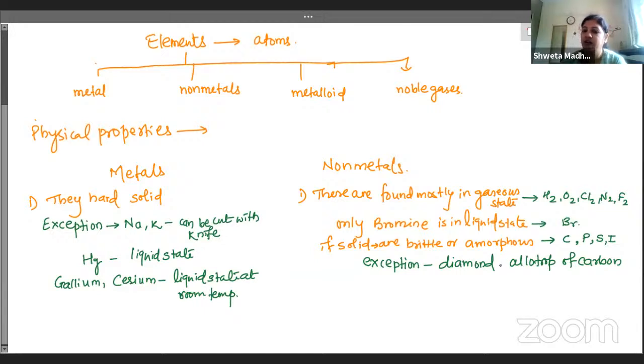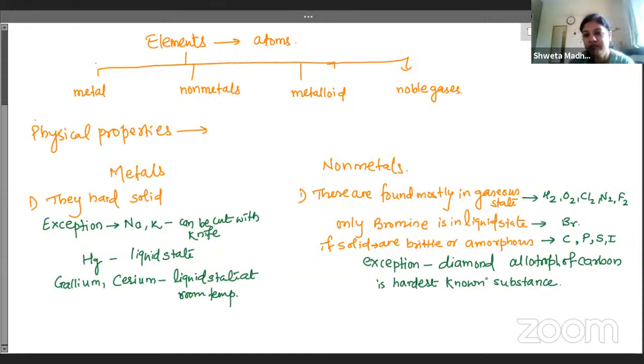So therefore, it is called an allotrope. Diamond is the hardest known substance. Harder than metals as well.